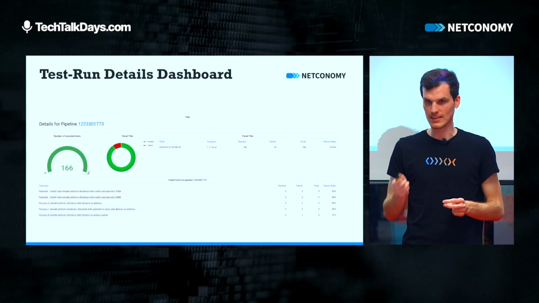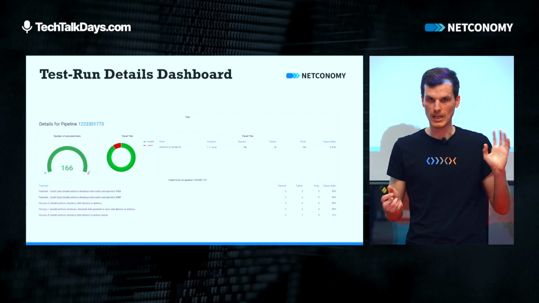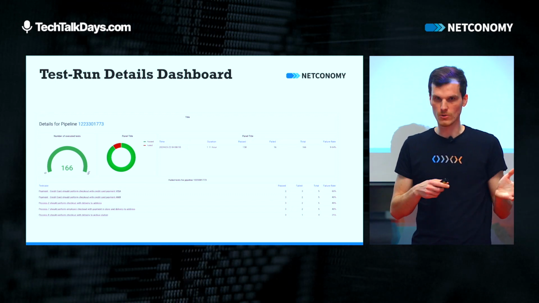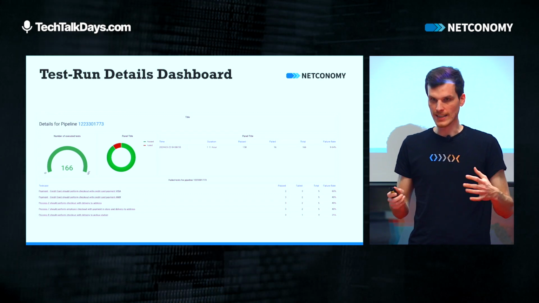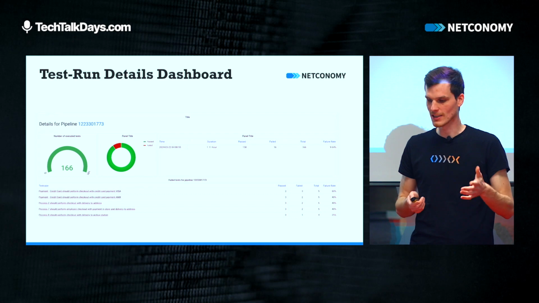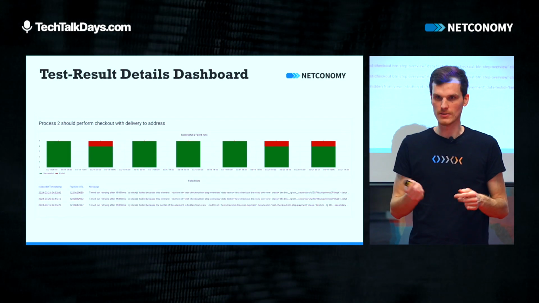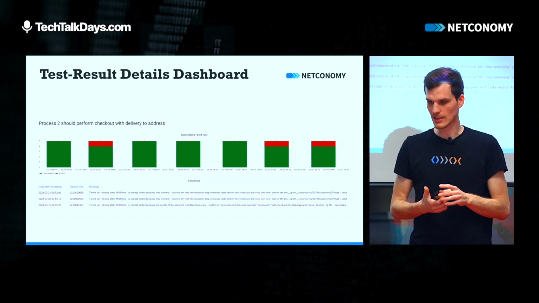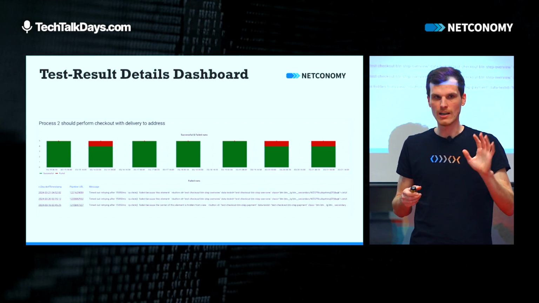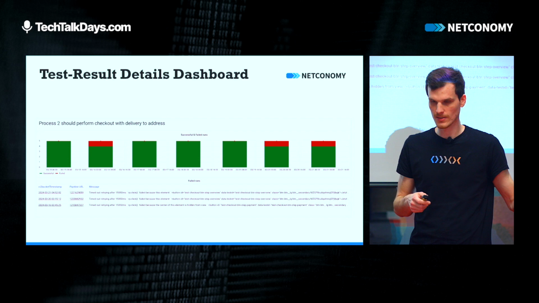Drilling down to the individual test run, you can see how many tests actually ran through, how many of them were successful or failing, and you get a list of all the failing tests. And you can drill down once more to get to the actual test result details dashboard, where you can see for one test how often it failed in the last week, for instance.